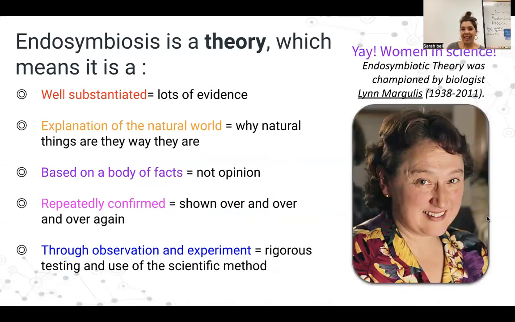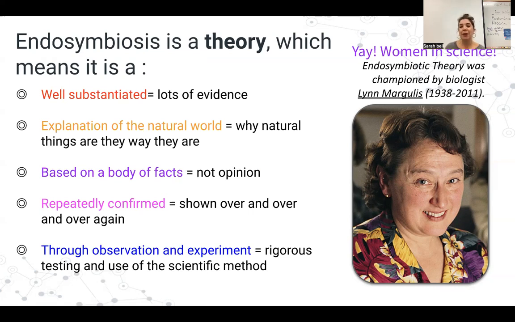So when I say endosymbiosis theory, I just want to emphasize one more time, we're not using the word theory like we would in general conversation. Like, hey, I have a theory why Ben and Susie broke up, right? That's a very different conversation.